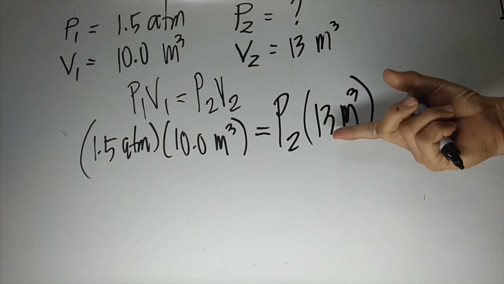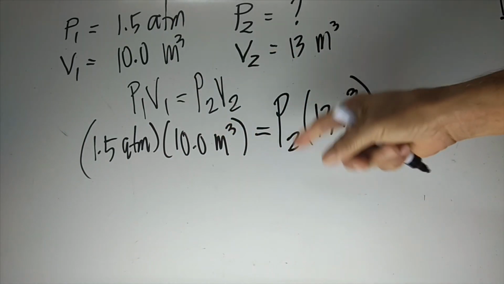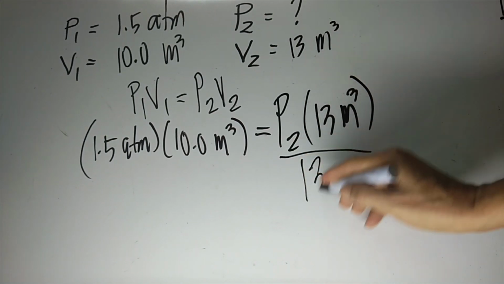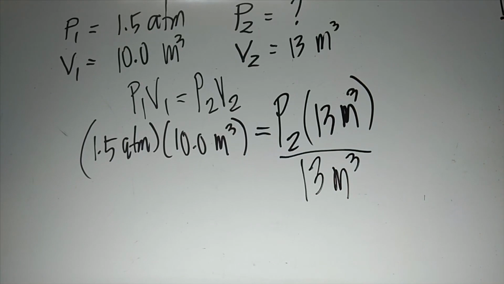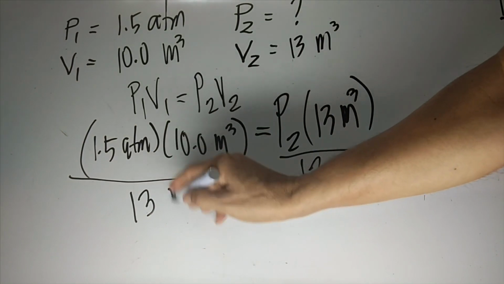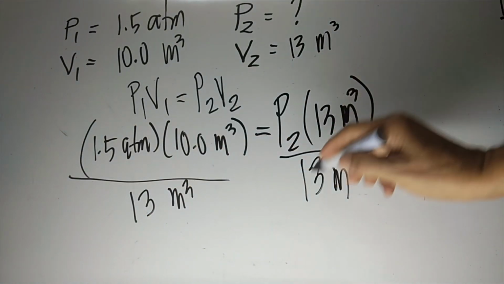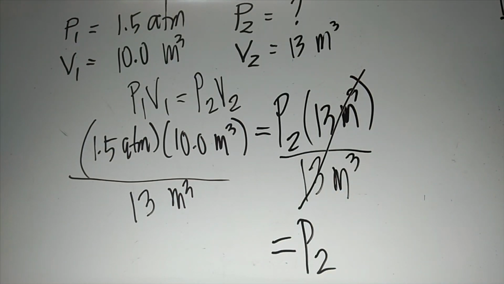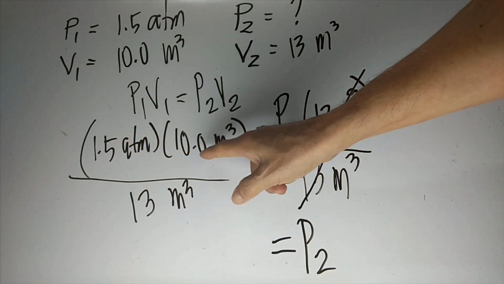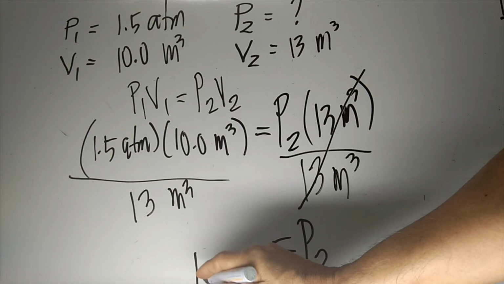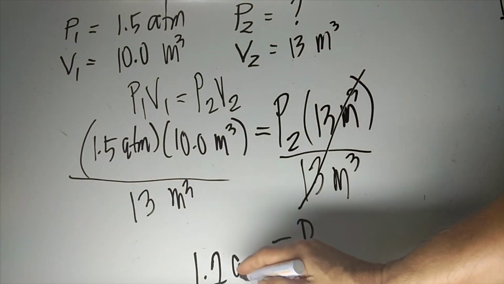Transpose this value to the other side so that the unknown will remain on this side of the equation symbol. So this becomes divided by 13 cubic meter. Also divide this by 13 cubic meter. So this becomes 1. Pressure, therefore, is equal to, using your calculator, 1.5 times 10 divided by 13 will give you 1.2 atmosphere.